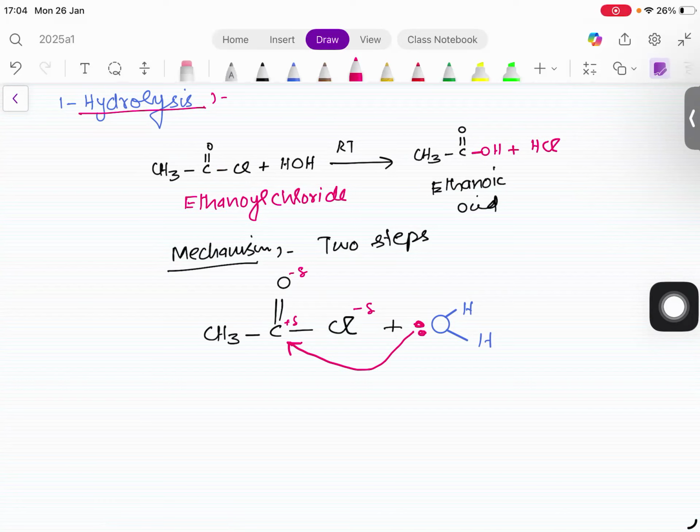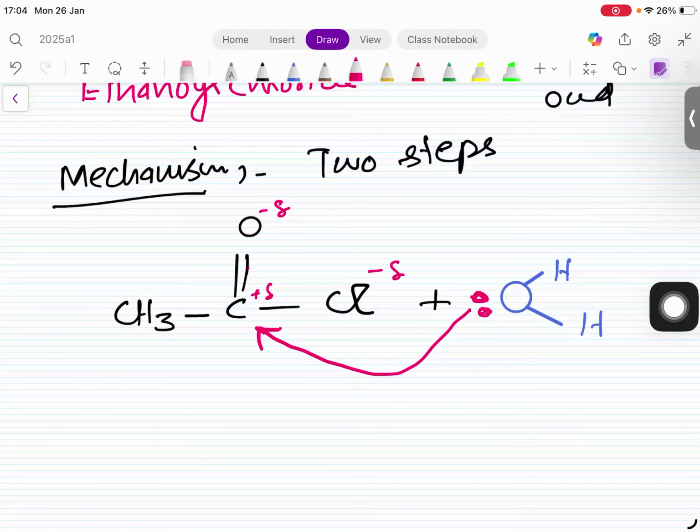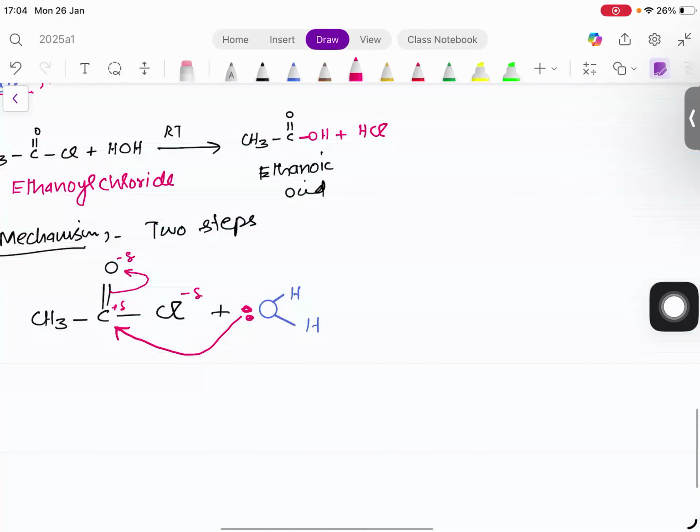So here, oxygen is trying to make a bond with carbon, but carbon cannot expand its octet and cannot make this bond until it has to break one of its covalent bonds heterolytically, and give these 2 electrons to the oxygen and accept the electrons from the oxygen of water.